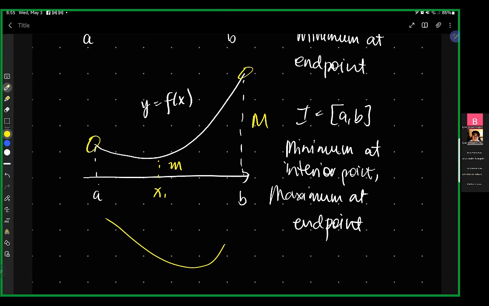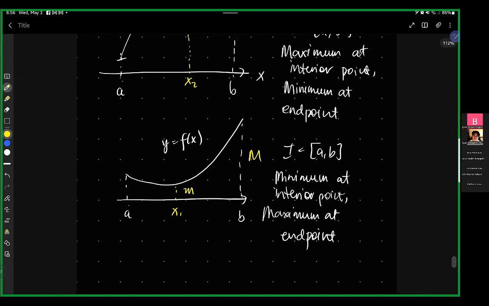It's the reflected case of what we have drawn here. So I didn't include x sub 2 as well because it can be found on either endpoint of the interval that we're considering.